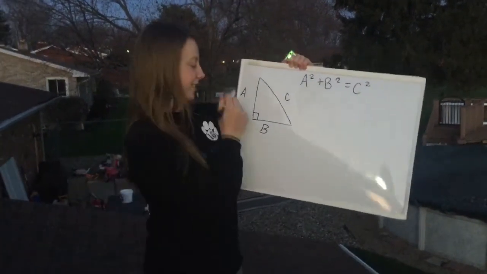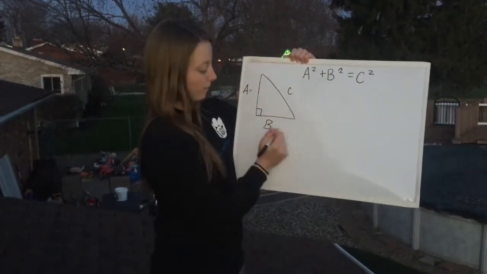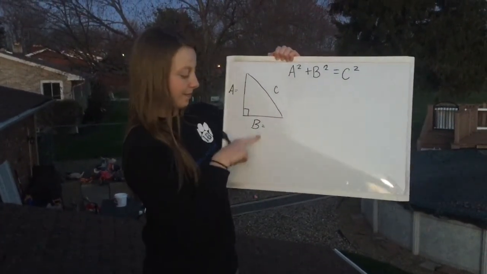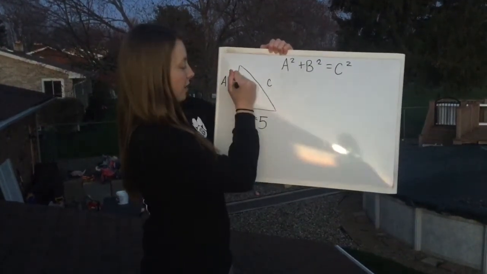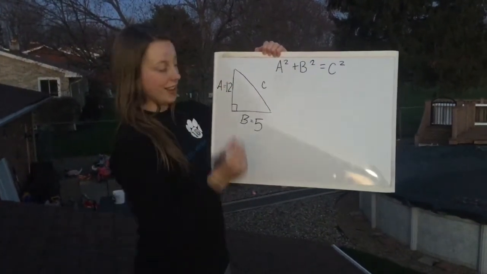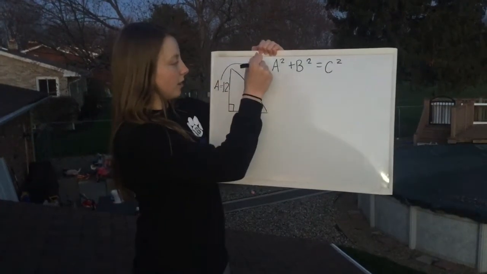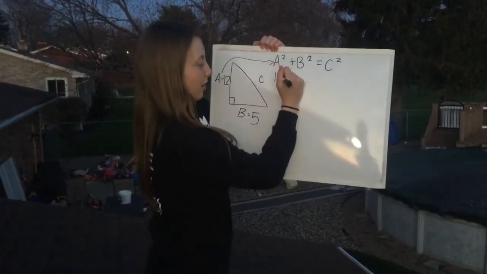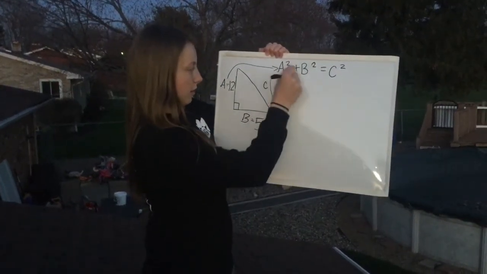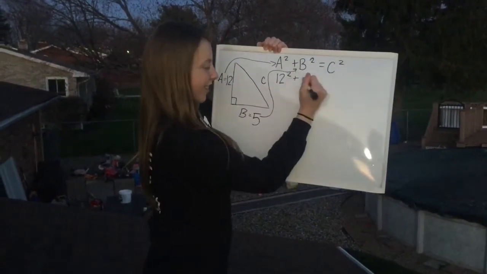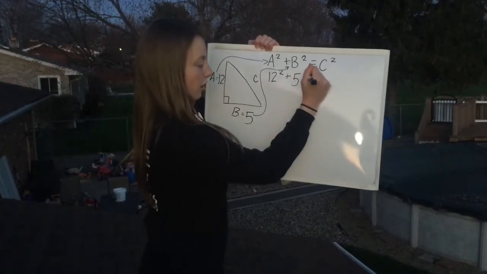Alright, let's look at our sides. We're going to label B with 5. And we're going to label A with 12. Let's find C. We're going to take A, which is 12, and square it. Then we're going to take our B, which is 5, and square that.